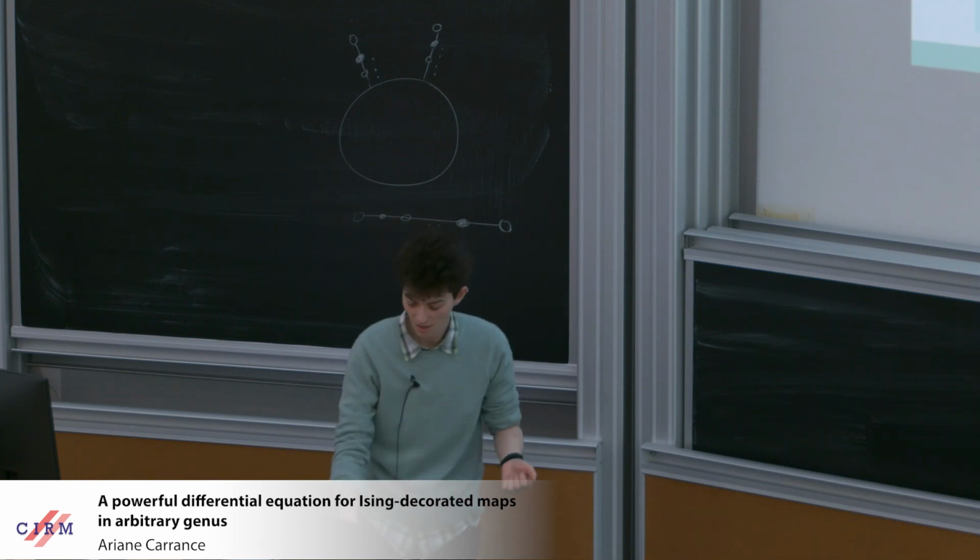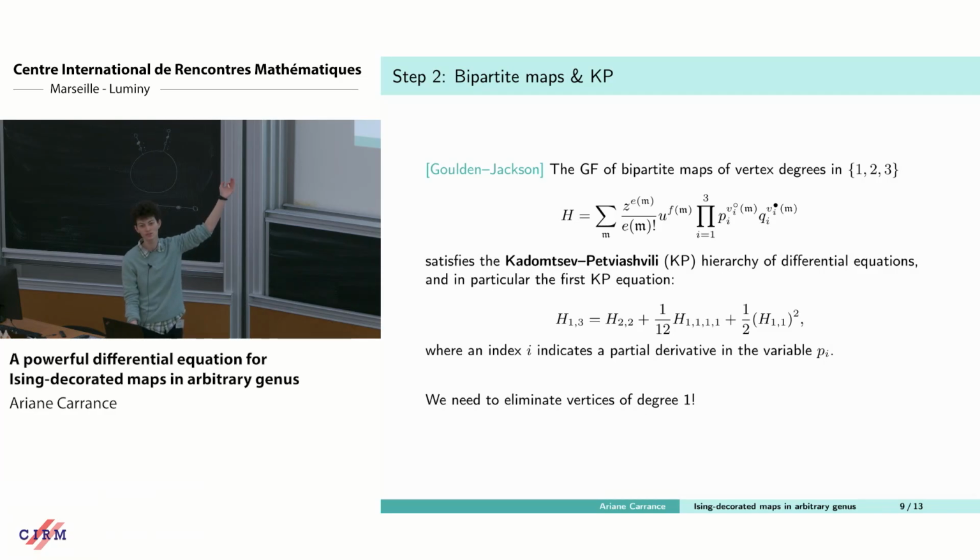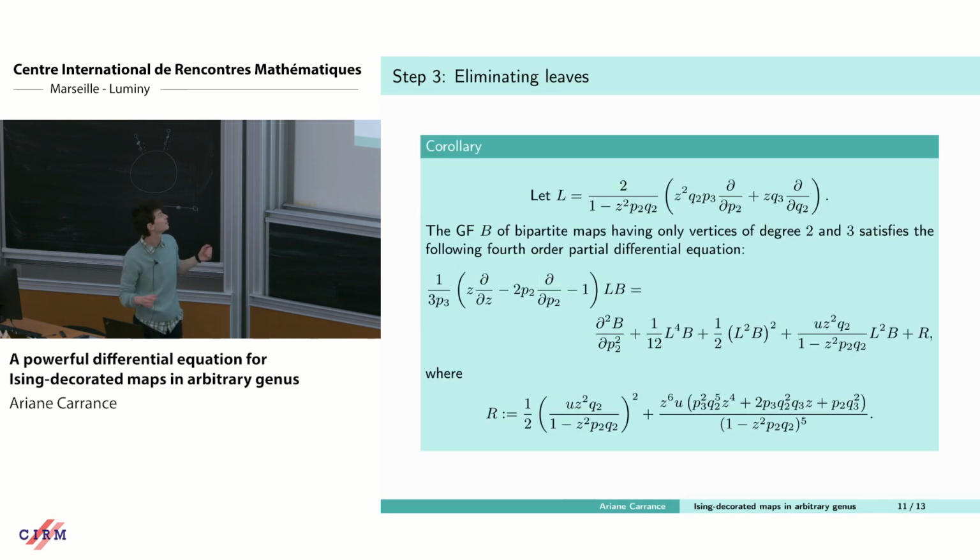And so with this in mind, from this KP equation satisfied by H, you have a PDE that's also satisfied by B, and you see that it's starting to get a bit more ugly as we convert things.